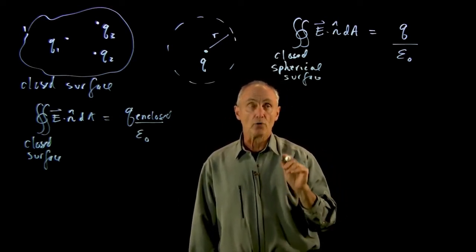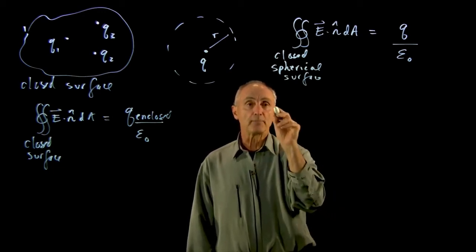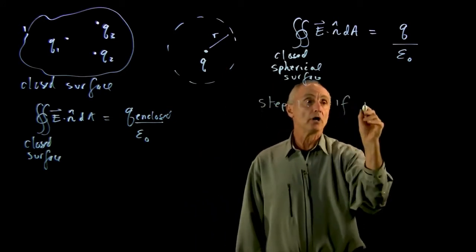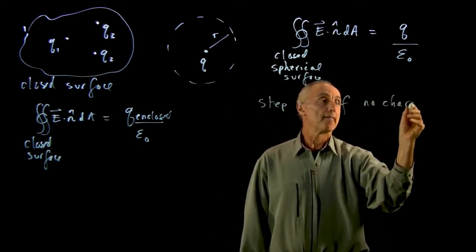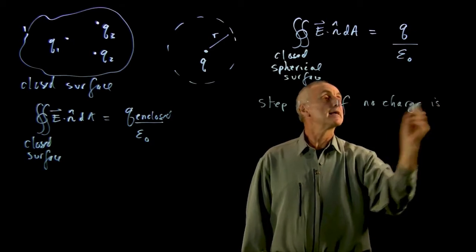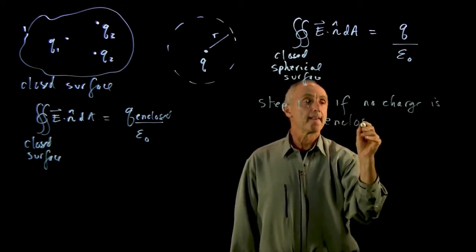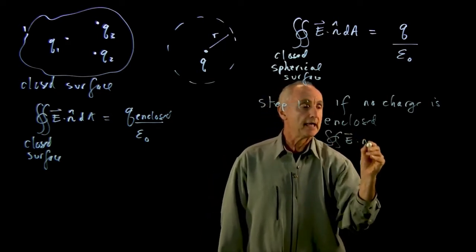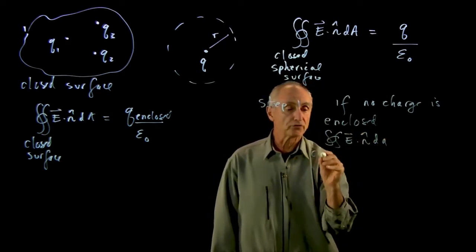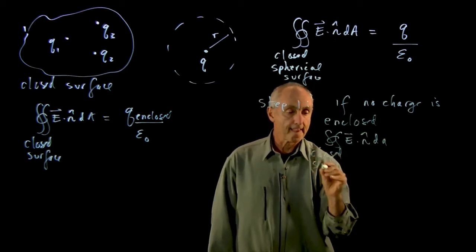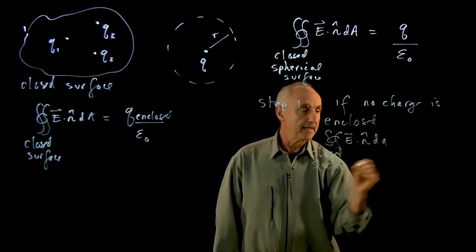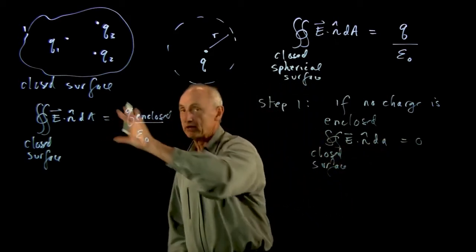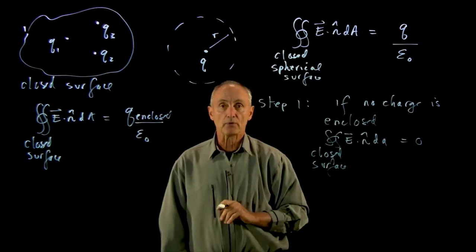What's important to show is that our first step, so the first step, 1, is that if no charge is enclosed, then the electric flux, E dot n hat dA, through a closed surface is equal to 0. And then we'll generalize and extend that until we get to this result. So that's what we're after right now.